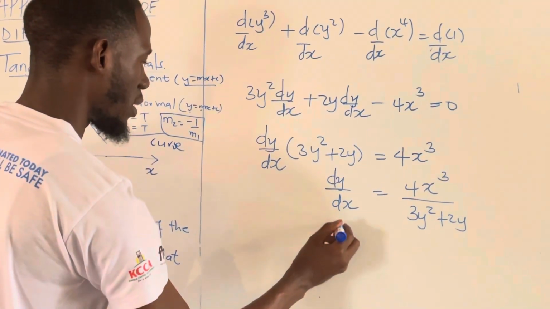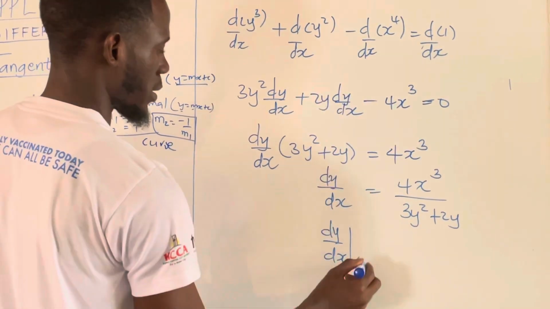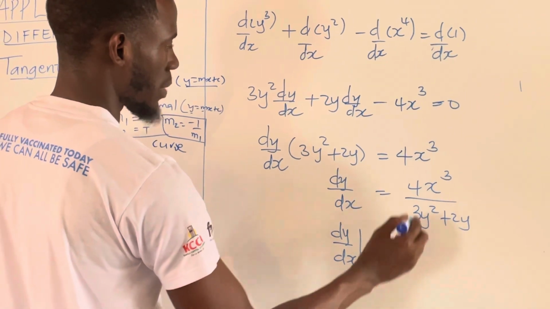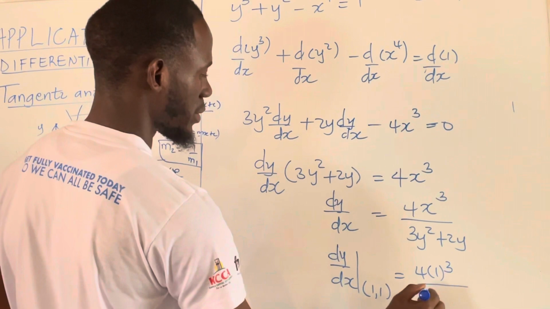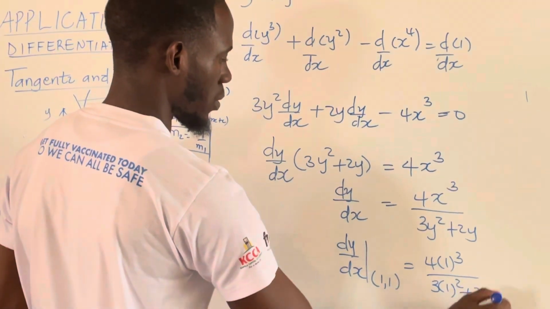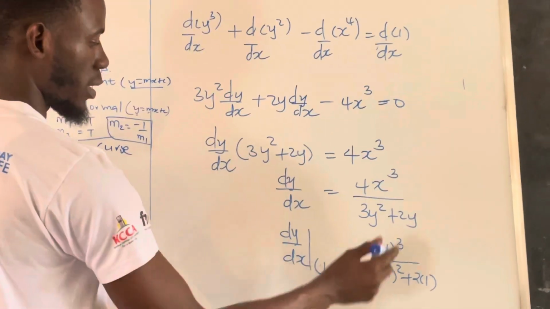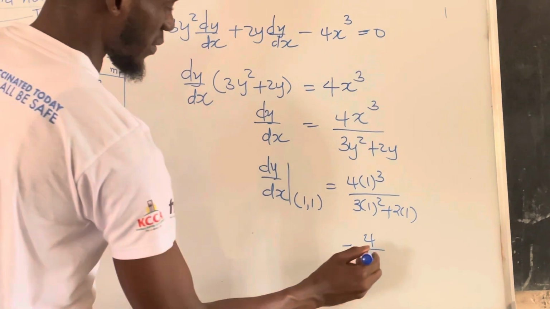But we are getting our dy/dx at the point (1, 1). So we substitute 4 times 1 cubed over 3 times 1 squared plus 2 times 1. This is equal to 4 over 3 plus 2, which is 5.